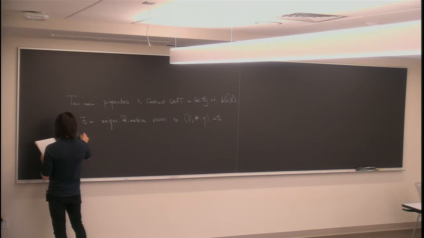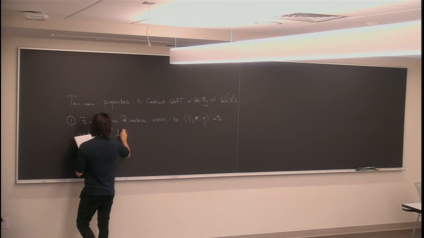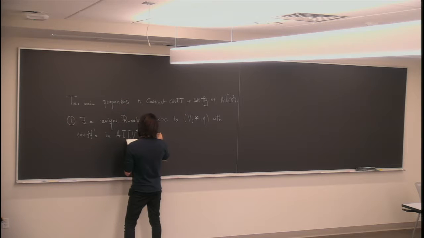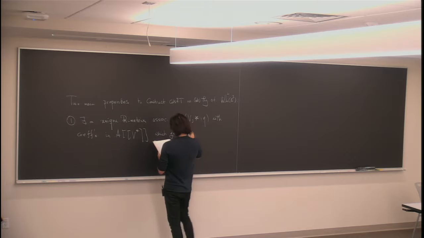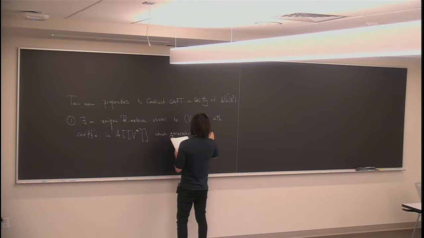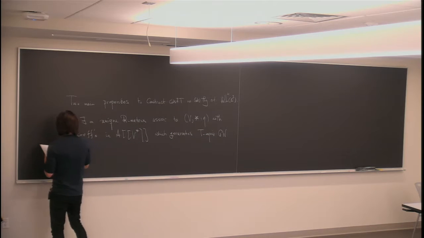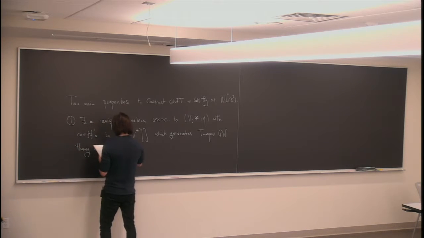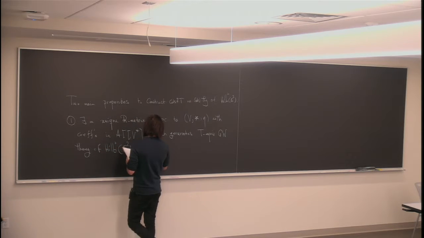with coefficients in A, we discussed this last time, which generates T-equivariant Gromov-Witten theory of Hilbert of C2 in all higher genus.